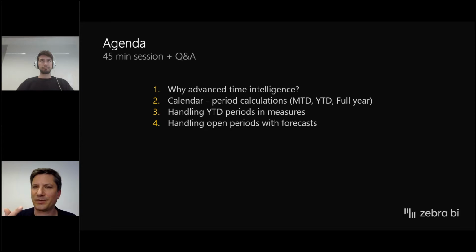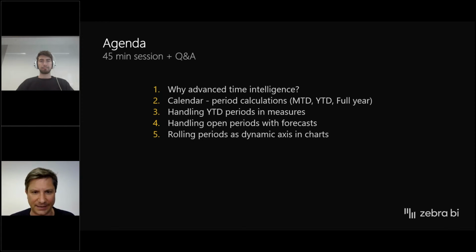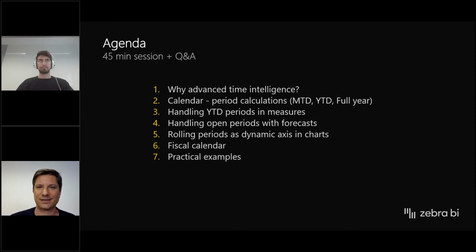This is another problem that you have: how to present your current period if you only have a few days' worth of data for the whole month, because it's just, you know, the 5th or something like that. It's a special little problem in business reporting. Then rolling periods as dynamic axes in charts, fiscal calendar, and so on. Lots of practical examples, and the Q&A.